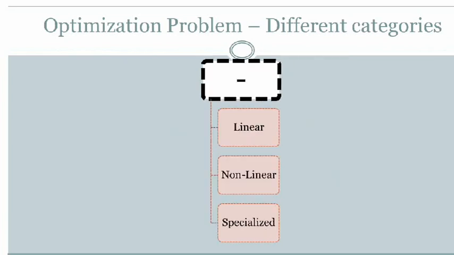Okay, now the optimization problem may be categorized with respect to the linearity of the problem, that is it may be linear, that is objective functions are linear, non-linear or specialized. This is a nutshell idea or brief idea about how to categorize our optimization problem with respect to a few certain parameters.